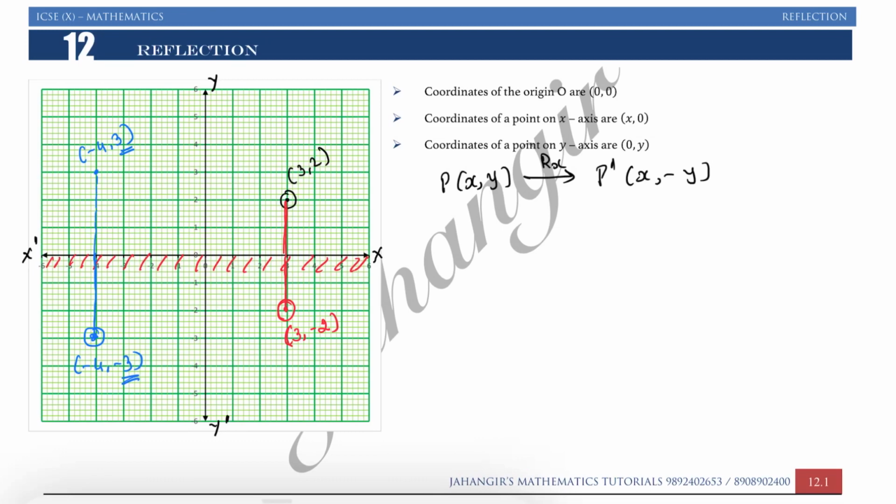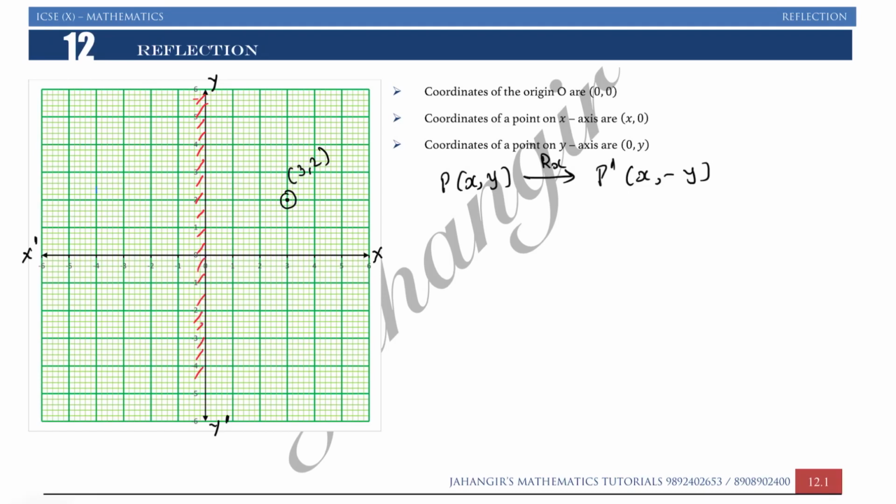Now we will take the same example for the y-axis. Now we can consider the y-axis as a mirror line. Reflection means an image, the image you get in a mirror is also called reflection.